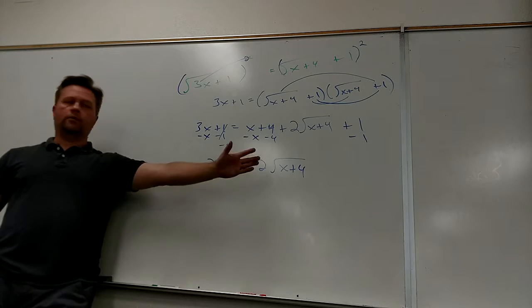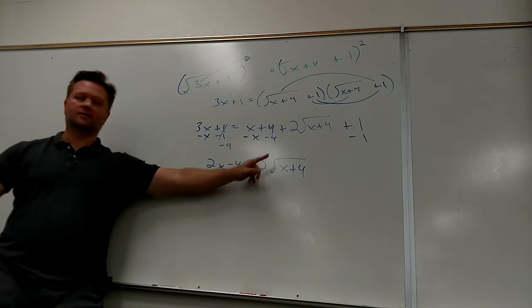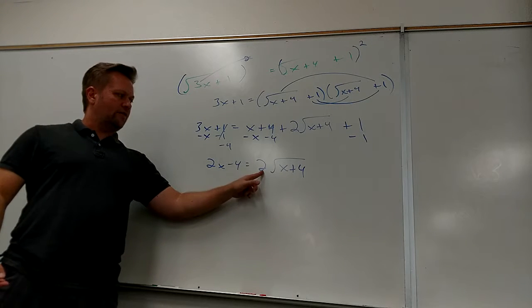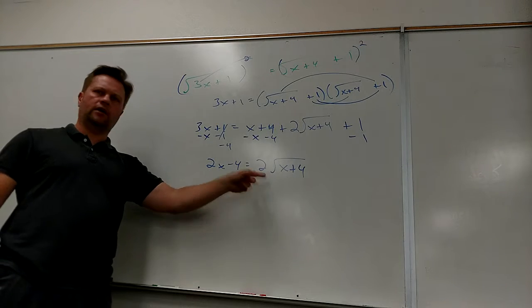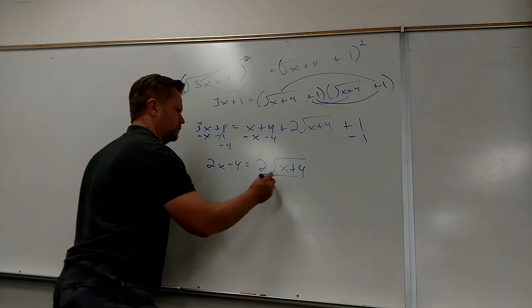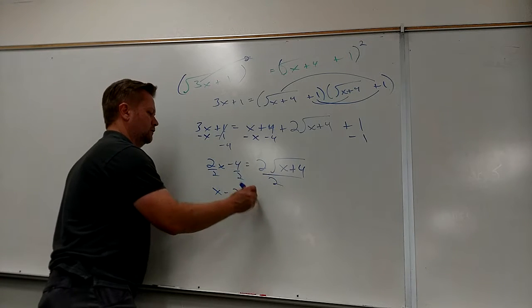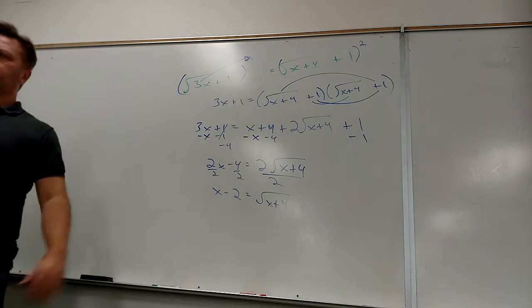I could square both sides right now as long as this becomes a 4 times x plus 4. So if this was a 7 or something, don't divide by it and make fractions. You can just leave it there as long as it gets squared when you square both sides. But I can divide by 2, can't I? Everything is divisible by 2. I don't make any fractions. Yay. Go ahead and finish that out.